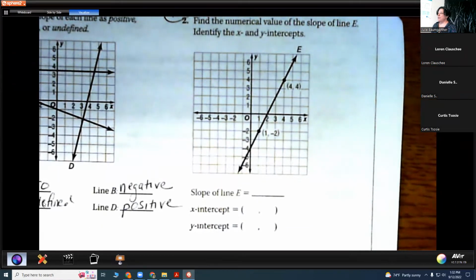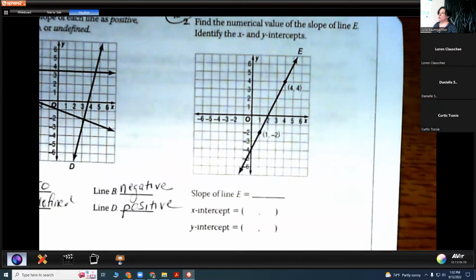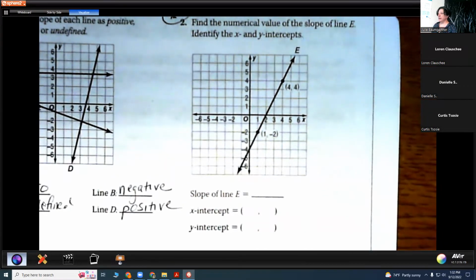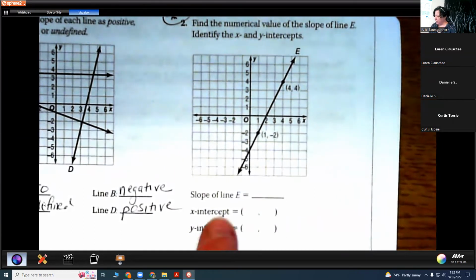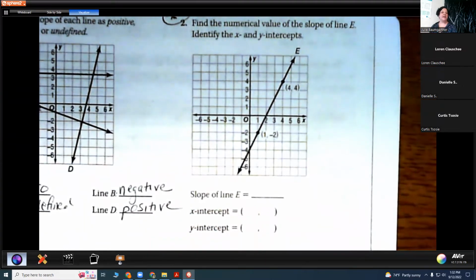So does anyone know what we should do here? How are we going to find the numerical slope? How do we calculate the slope of the line? Does anyone have an idea?